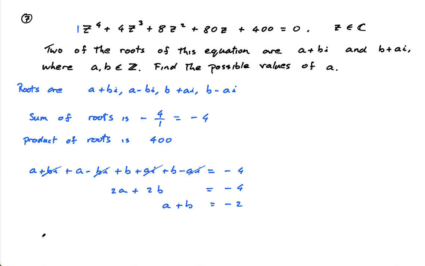The product of the roots is then this times this times this times this. So the product of the roots is a plus bi times a minus bi times b plus ai times b minus ai, and this is equal to 400.